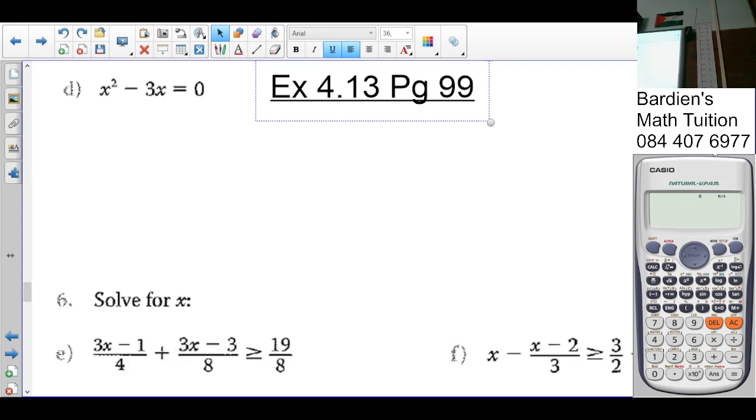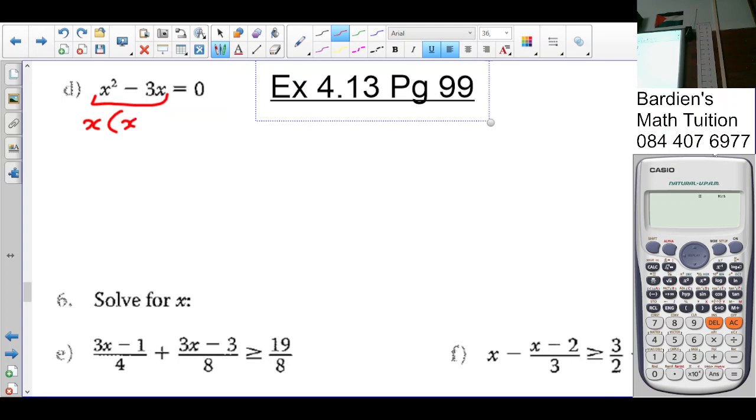Binomial. Okay, so you're short a constant. So what's common here? X into x minus 3 is equal to 0. So what do we do? X is equal to 0 or x minus 3 is equal to 0. So x equal to 3 or x equal to 0. Yes, 0. Okay, you guys got it?